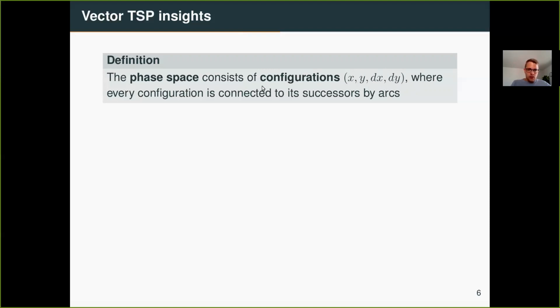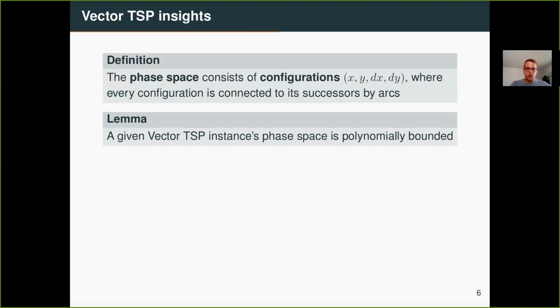So think of it as all possible states in which a visiting vehicle can be, okay? And these configurations are connected to their successors by arcs. As we have seen before, you have 9 choices at every round, so you have 9 successors to which you connect by arcs.